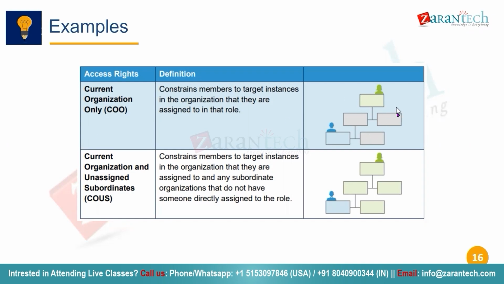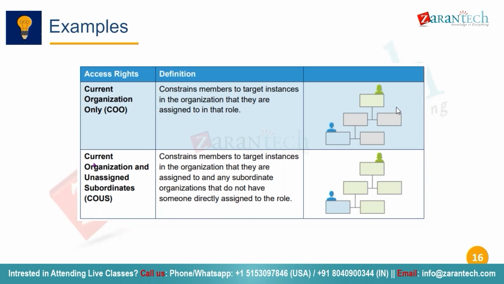If you look at this picture, there are 3 again below in the management chain, and one of the subordinates is assigned to one more position. But whenever we give current organization only, they will have access only to that assignable role, and only for that organization. It will not have any broader access to other organizations or any other subordinate.